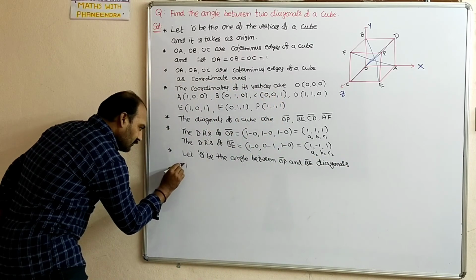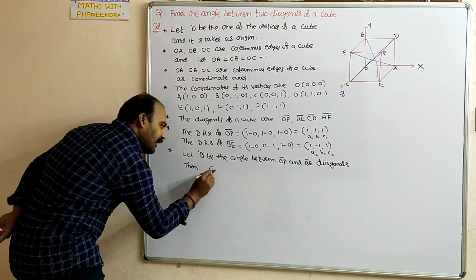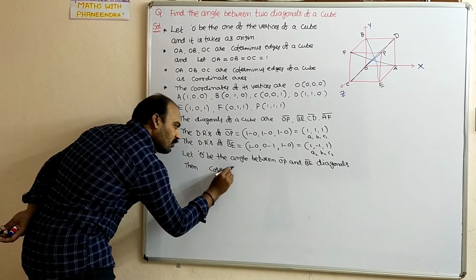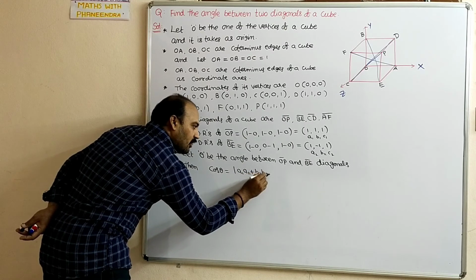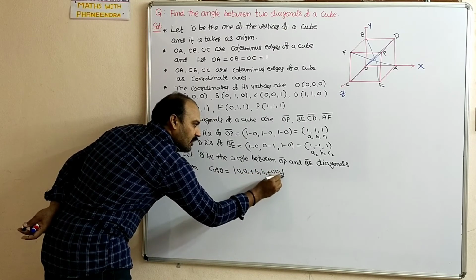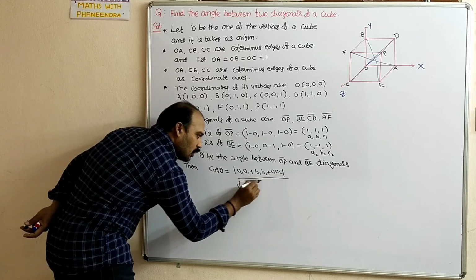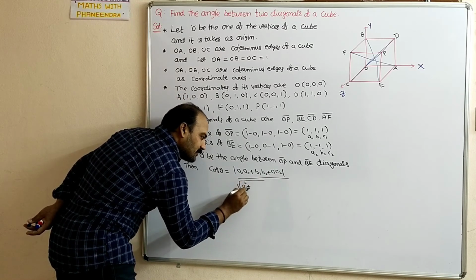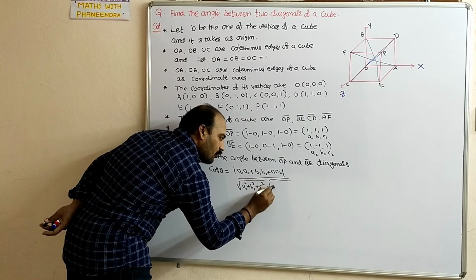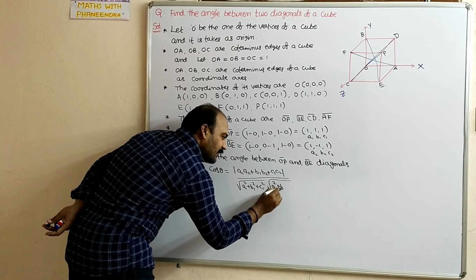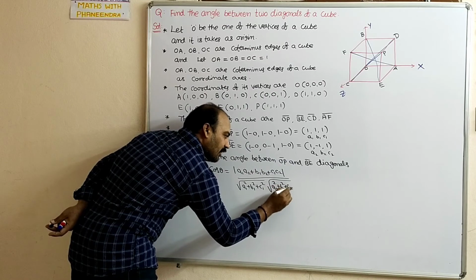Then cos theta equals the formula: mod of a1a2 plus b1b2 plus c1c2, divided by square root of a1 square plus b1 square plus c1 square, into square root of a2 square plus b2 square plus c2 square.